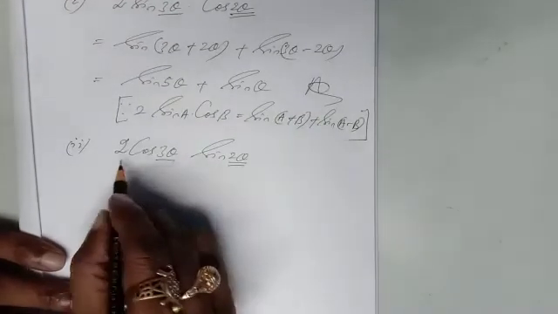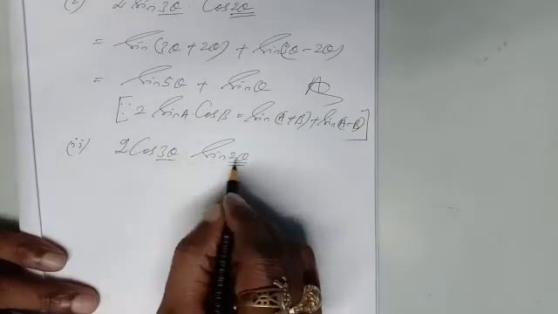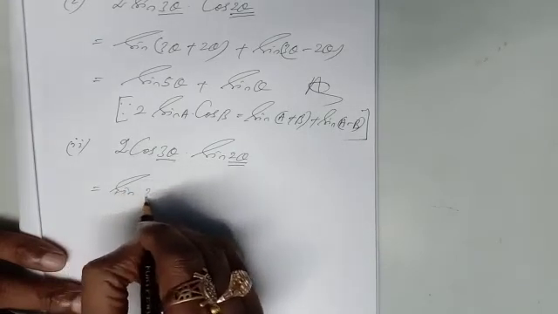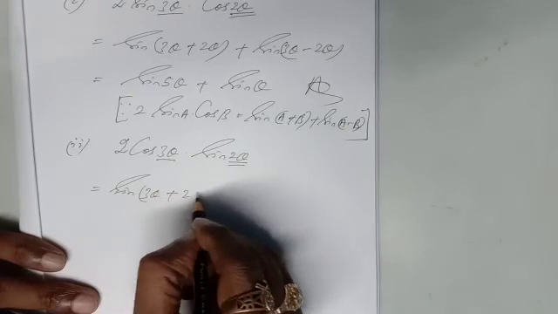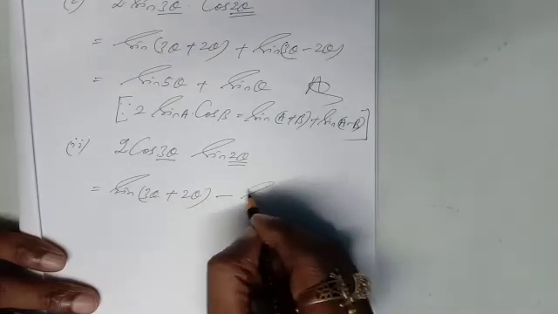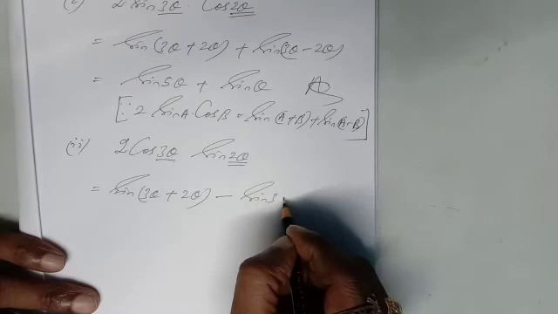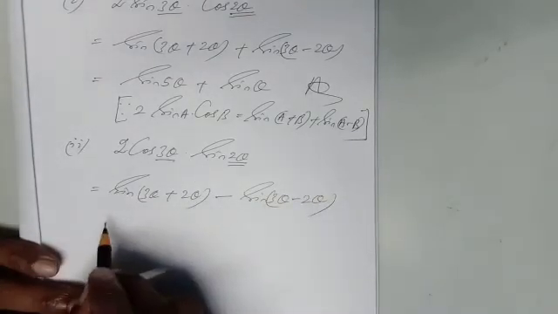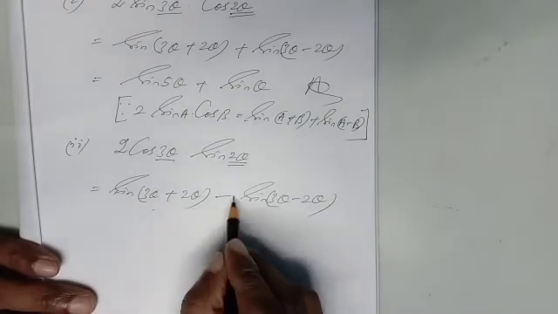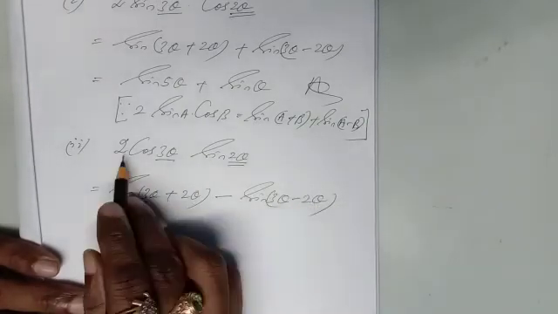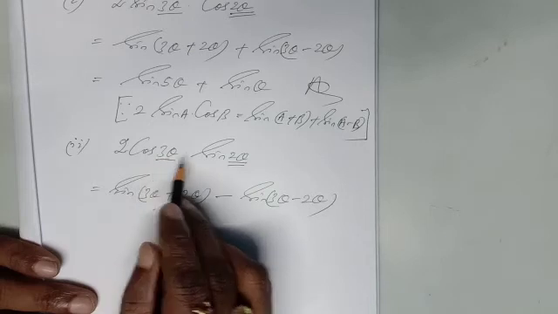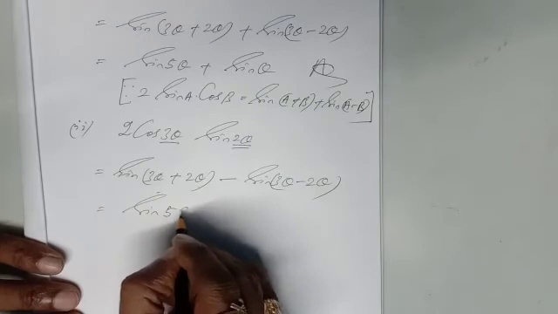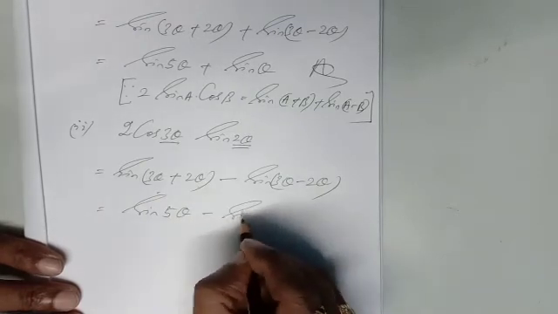You have to apply the formula 2 cos A sin B, which is nothing but sin(A plus B) minus sin(A minus B), that is 3 theta minus 2 theta. So what is the result you are getting? This is nothing but sin 5 theta minus sin theta.